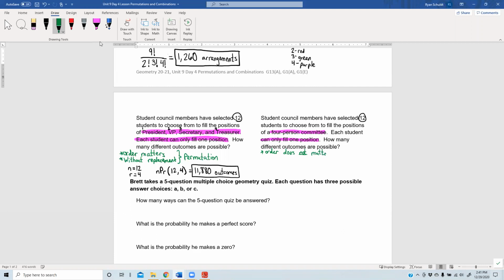Who cares the order they get picked? And since we can only fill 1 position, this is without replacement. So what does this become then? Order does not matter, and we do it without replacement. This is a combination.